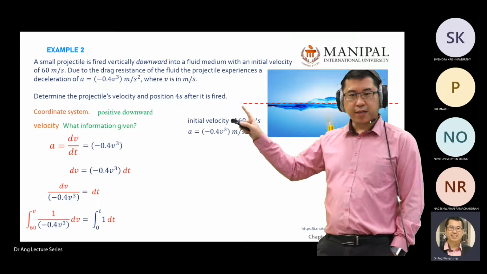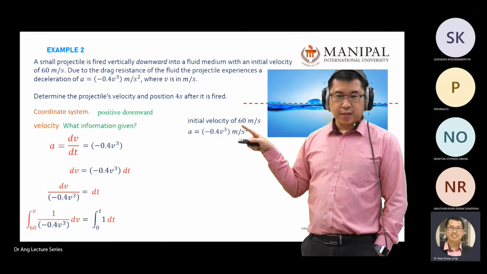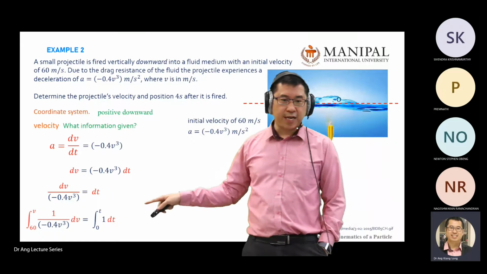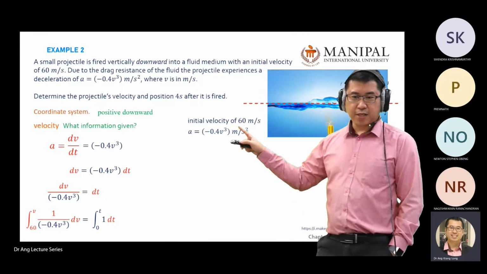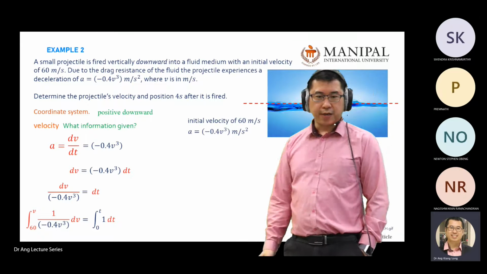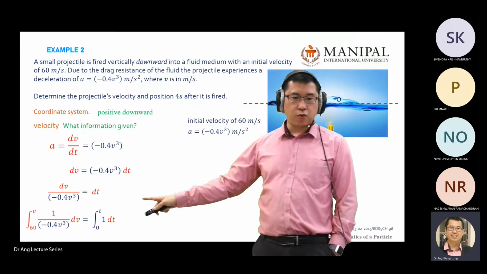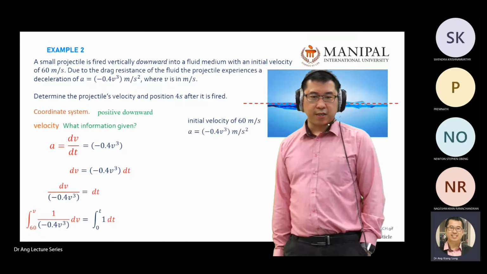So always read the question carefully. Don't get tricked by the question. Sometimes you trick yourself and write that it starts from 0 to v. This is also one of the areas where mistakes are made, so just be careful. So we start from 60 to v, and t from 0 to t.